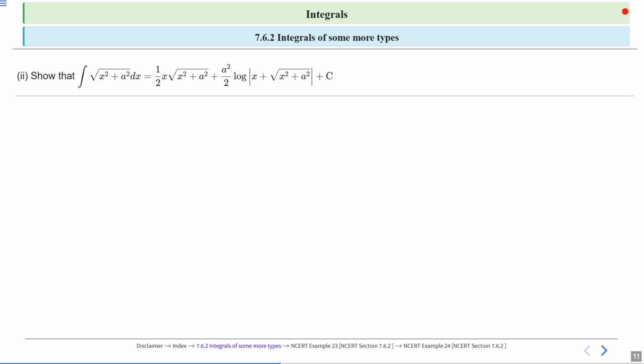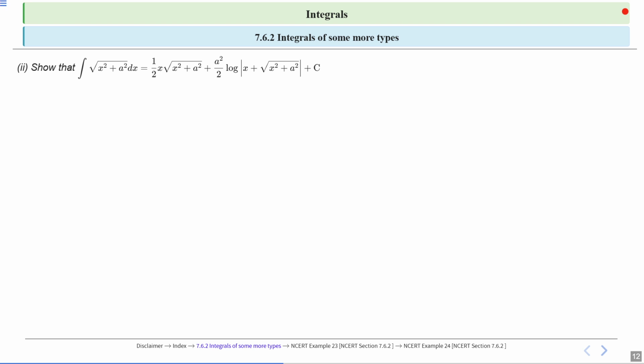If there is a question of the first form, second form or third form, we don't need to apply this long process of by parts. If we remember this formula, we directly apply the formula. Not in every question do we have to first find f(x), g(x), then differentiate f(x), integrate g(x), and then put into the by parts formula to get the solution. We just remember this formula, find the values of x and a, and substitute into this formula. We get the value of the integral. Okay.